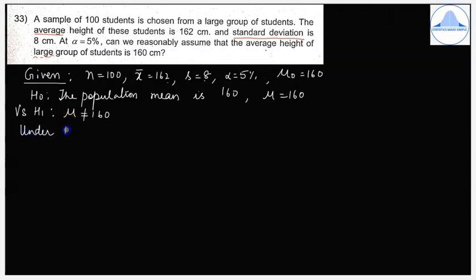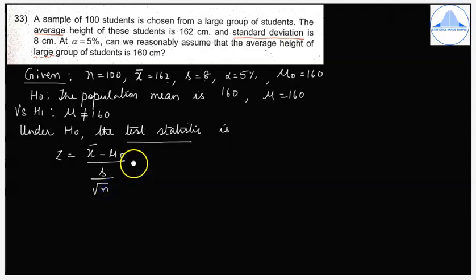Next, write the formula for the test statistic under H naught. The test statistic is Z equal to x bar minus mu naught divided by S by root n, which follows normal 0, 1.